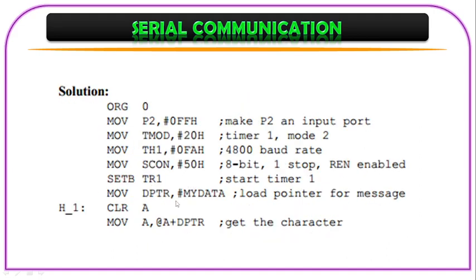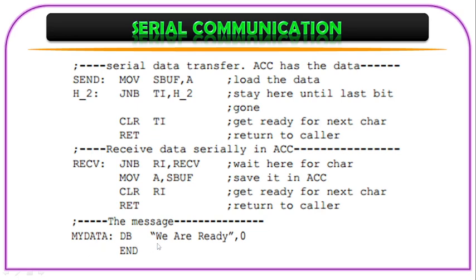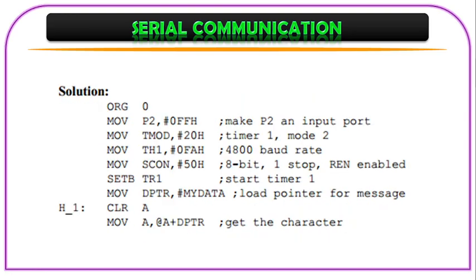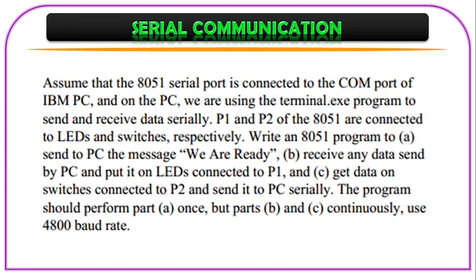And here you are taking the data from the internal RAM. DB is defined in the internal RAM, and you are taking every character and sending it to the PC. So that's all.